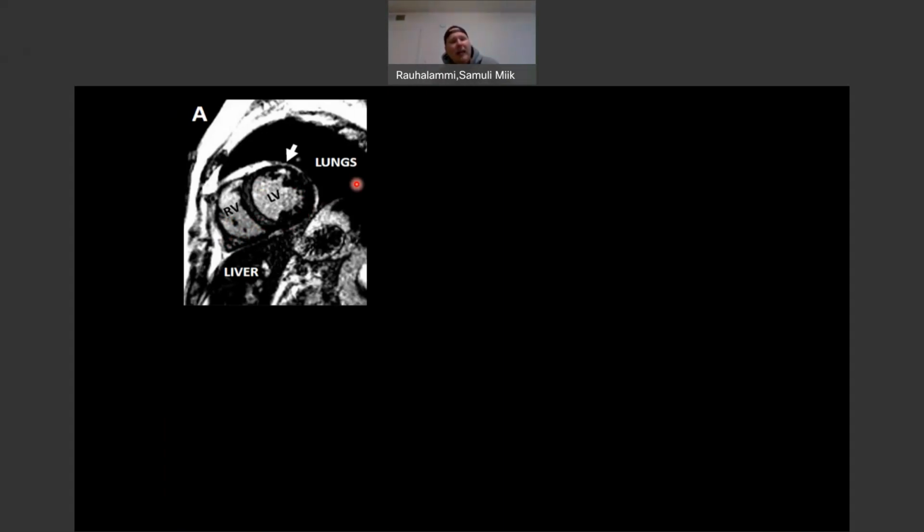And what we're seeing is that on gadolinium enhanced imaging, which is the kind of a standard gold practice that we've used for the past, what would I say, 10, 15, 20 years for taking images of the heart and looking at the heart wall injury, that the dead necrotic tissue in the cardiac muscle wall will show up as a bright signal.